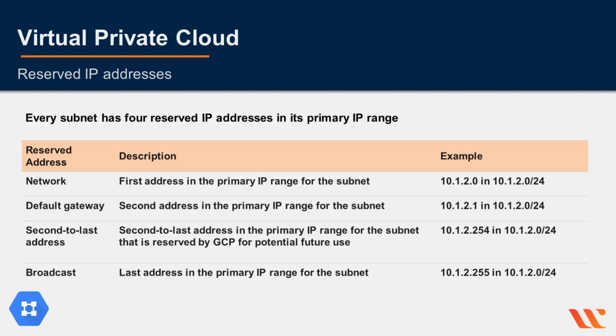The second to last one is reserved for future use, and broadcast is the last IP address in the primary IP range. For example, the network address has the last digit 0, which is the first one, and then the default gateway is 1, which is the second address. Second to last is 254, and the broadcast, which is the last, is 255.